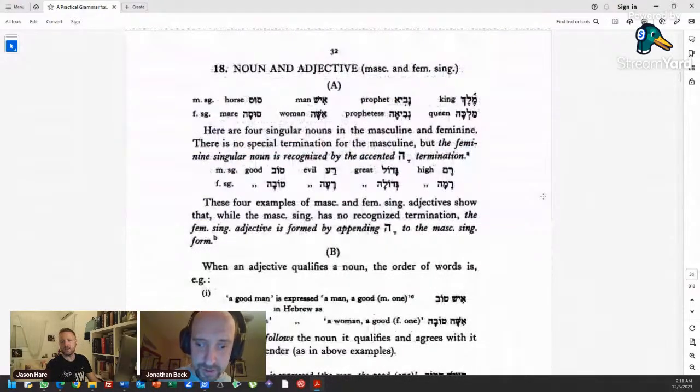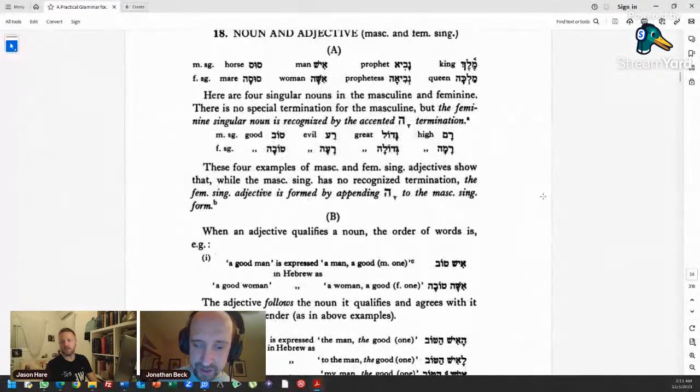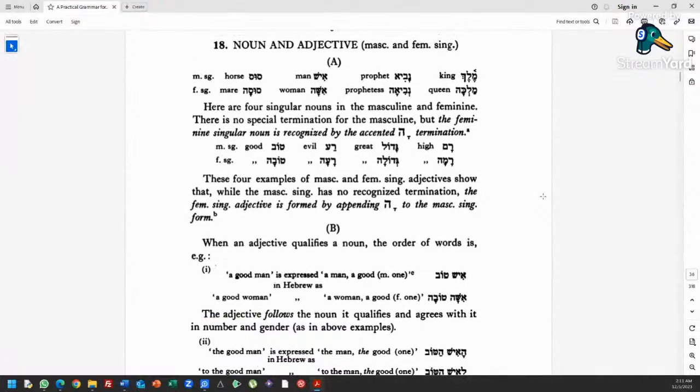This is going up to exercise 3, section 18 of the grammar, noun and adjective, masculine, feminine, singular. So we've got sus, susa, ish, isha, nabi, nebiah, melech, malka. It's not the case that all feminines end in a, and you can't just take any old word.